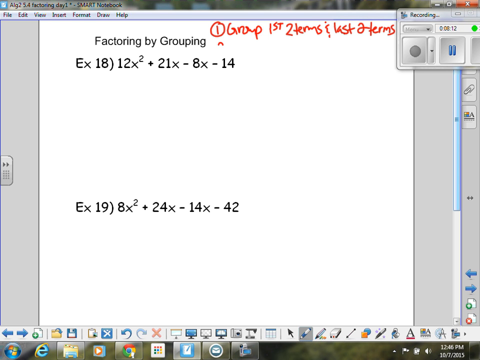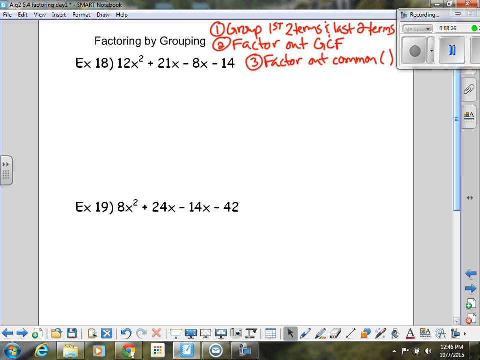Then we're going to factor out the GCF, the greatest common factor, like what we did on the front. And then the third step is we're going to factor out the common parenthesis. That's like what we did at the bottom of the front page on the last slide.